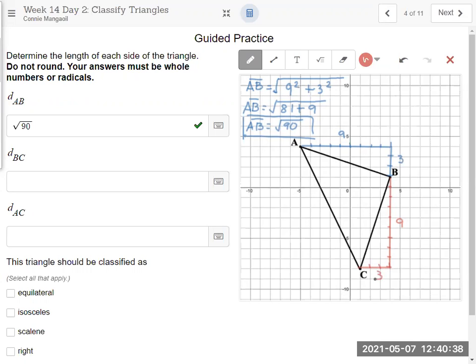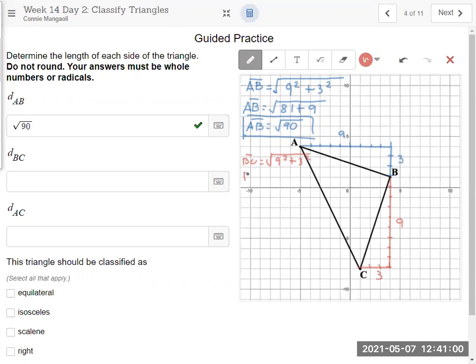Okay. So our BC would be equal to the square root of the squares of the sides. The sides are 9 and 3. So you can write 9 squared plus 3 squared or 3 squared plus 9 squared. It doesn't matter the order.